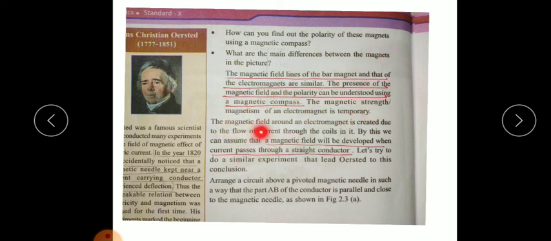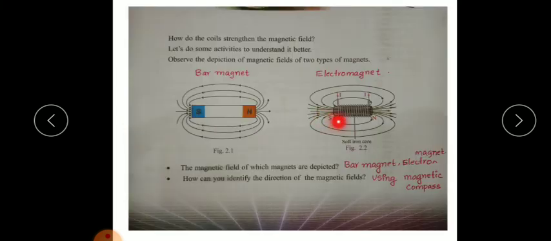The magnetic field around an electromagnet is created due to the flow of current through the coils in it. So here you can see a soft iron core, and a conductor is wound around this soft iron core, and whenever current passes through this conductor, what happens? We learned that whenever a current passes through a conductor, it creates a magnetic field.